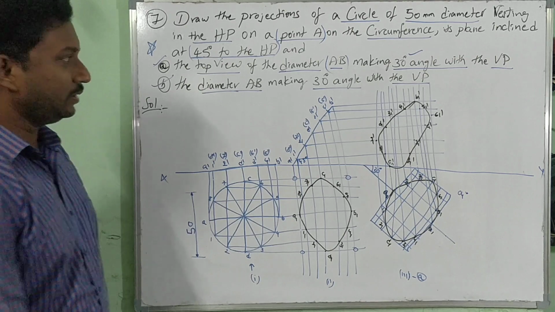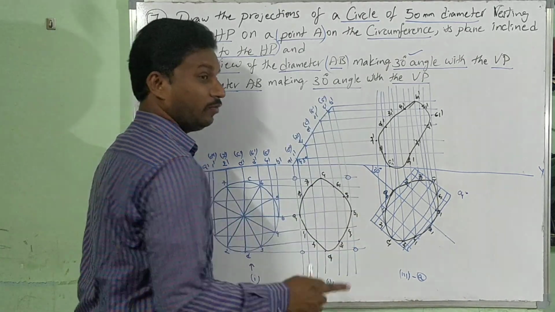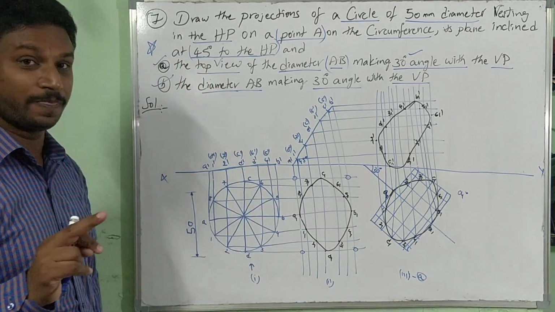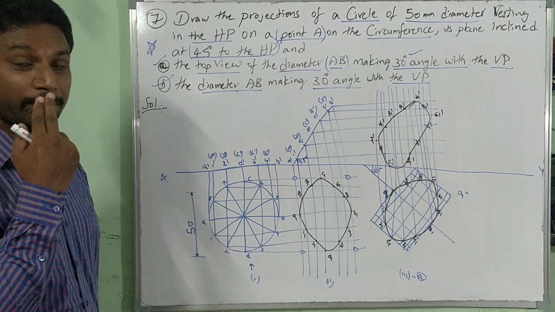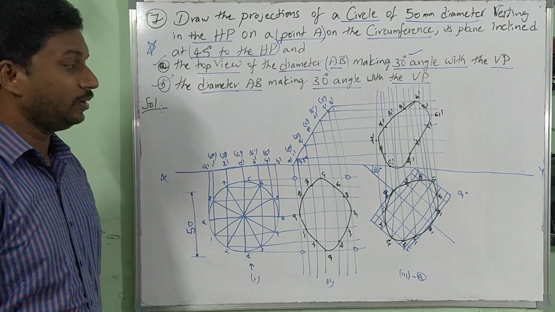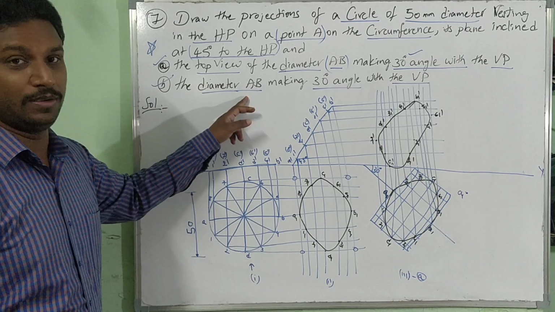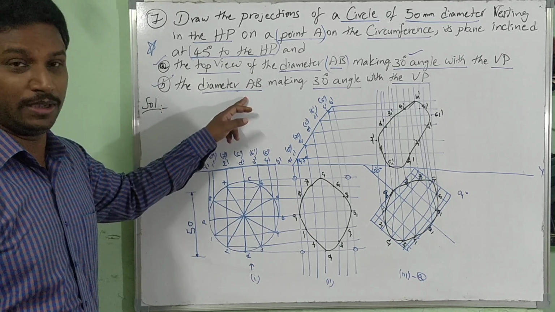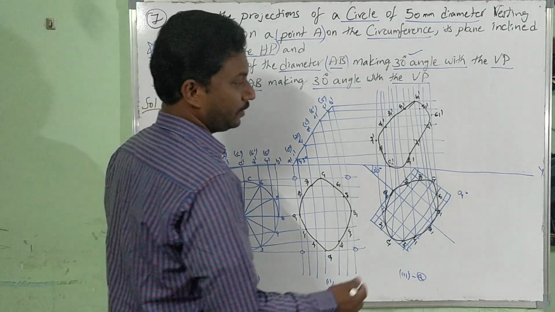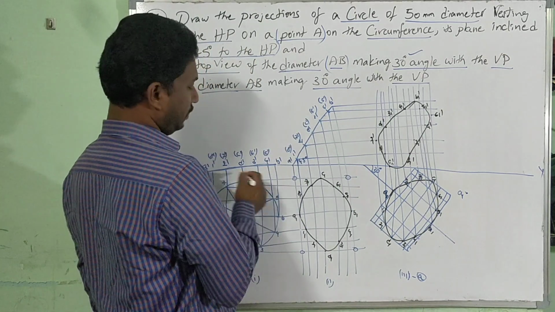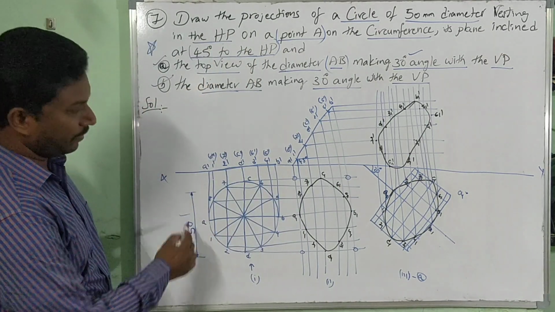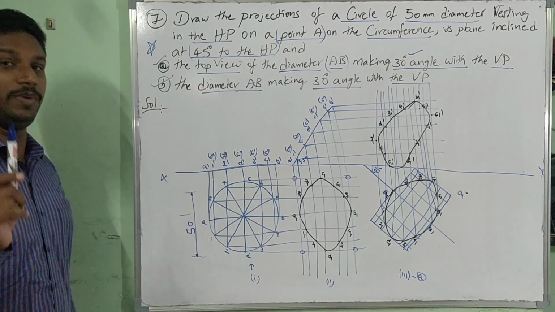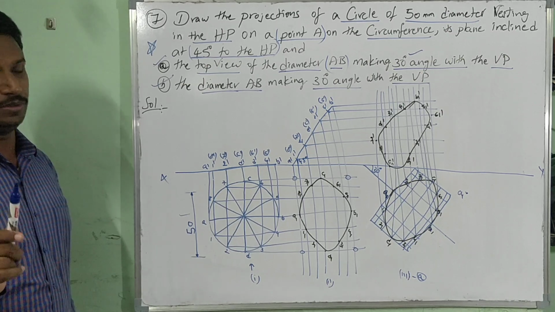Now the thing is that it makes 30 degrees angle with the VP. What 30 degrees? The diameter AB. Diameter AB means, what is the length of the diameter AB? It's 50 mm. 50 mm length should be at 30 degrees.